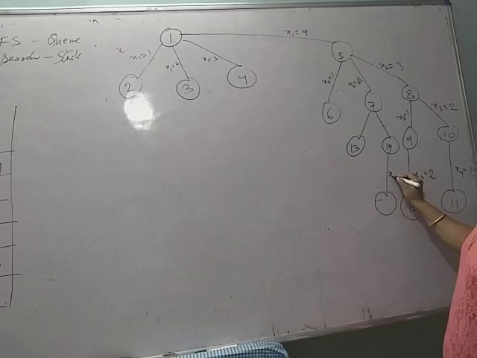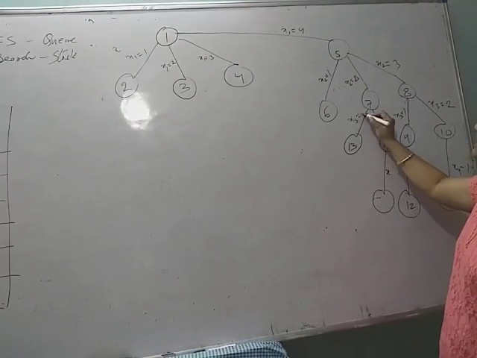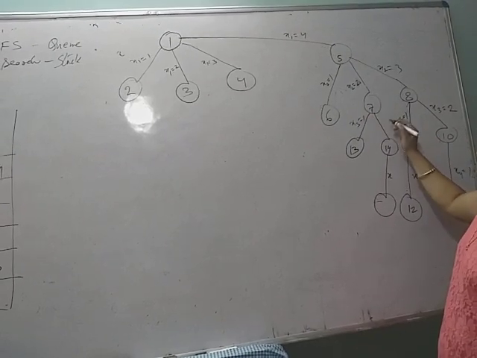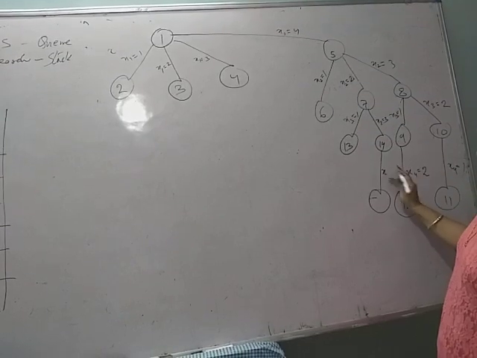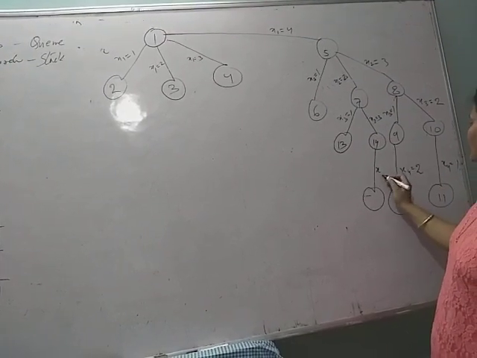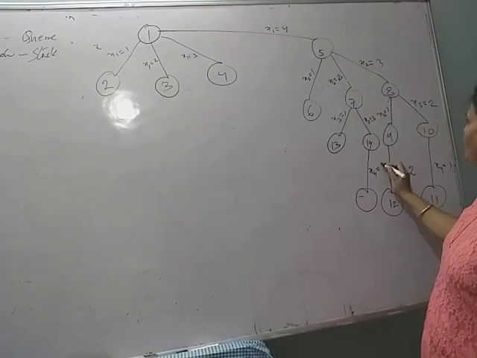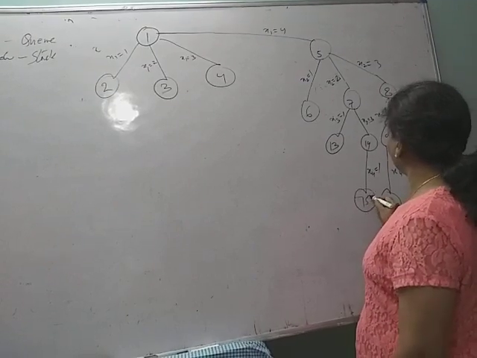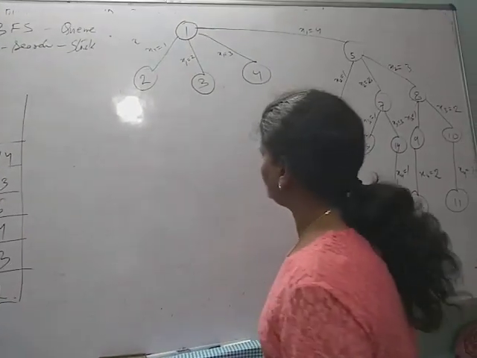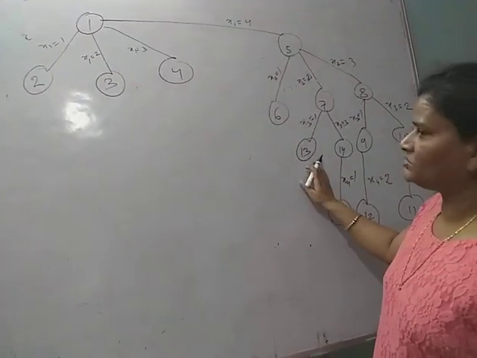Here X3 equal to 1, X3 equal to 3, and then X4 equal to 4, 2, 3, 1, 4, 2, 1. So 14 is this, and 15. 14 and 15 are actually leaf nodes, so leaf nodes will not be pushed onto the stack.